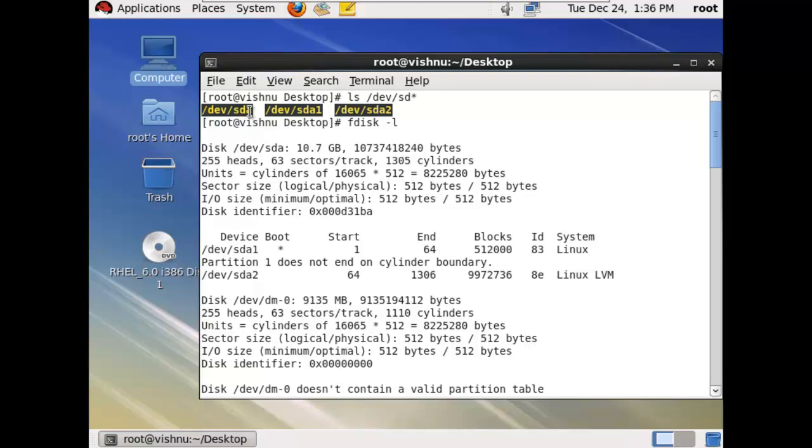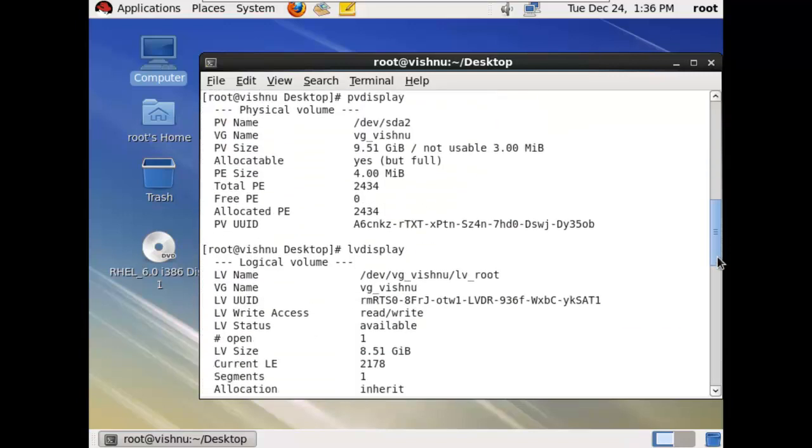If you have a little knowledge of hard disks, you can easily understand this: SATA uses the SATA wire for connection, and IDE uses the IDE wire for attaching your hard disk to the server. So this was a small concept that was missing.